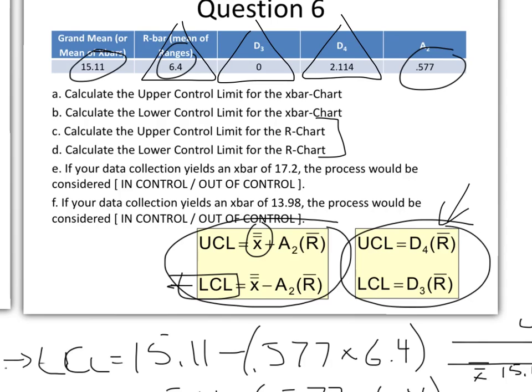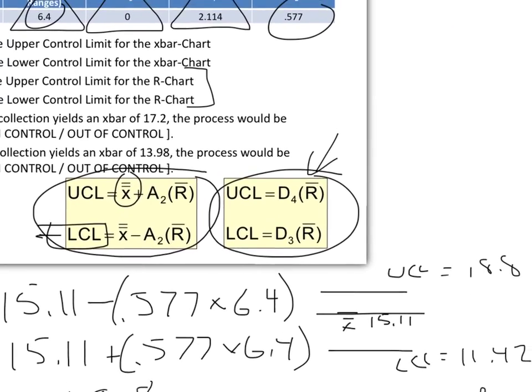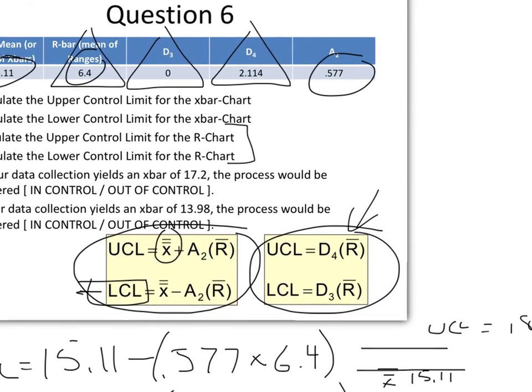So to do that, I'm going to move over to the side here. And again, we're doing the same thing. We're going to have a chart that looks like this. We're going to have this 6.4 in the middle, and then a lower and upper value. We know this value is 0 because our subgroup size is 5, and we know from the table that D3 is 0.